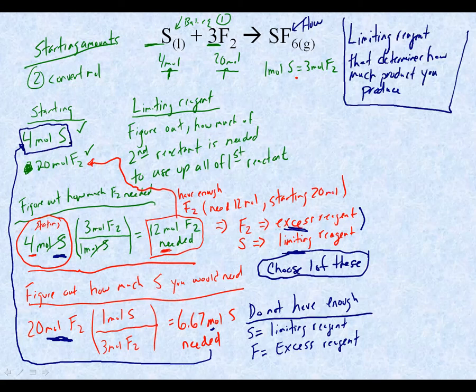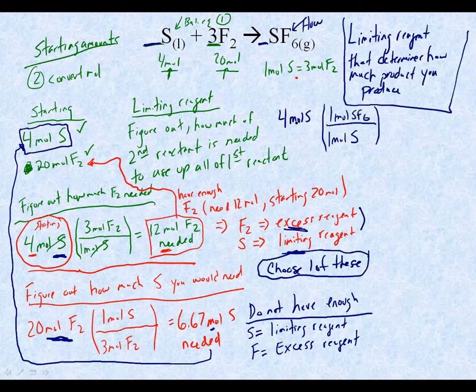So now we're going to go back to our starting amount, and we would do 4 moles of sulfur. We would again go to the equation and find a relationship between sulfur and our SF6, which makes it a pretty simple one. It is 1 mole of sulfur from the equation gives us 1 mole of SF6.